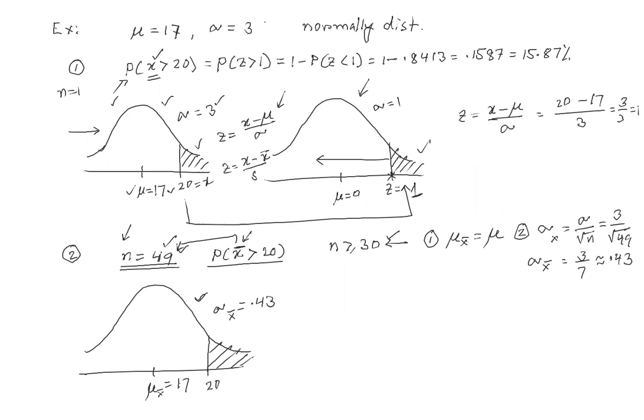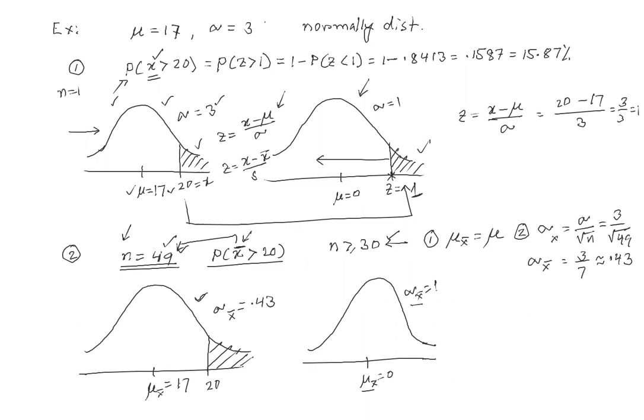So this is going to be mu sub X bar equal to 0, and sigma sub X bar equal to 1. By the way, this is the standard normal distribution. I'm just putting mu sub X bar and sigma sub X bar here to remind you that we are dealing with sampling distribution as opposed to the population distribution.